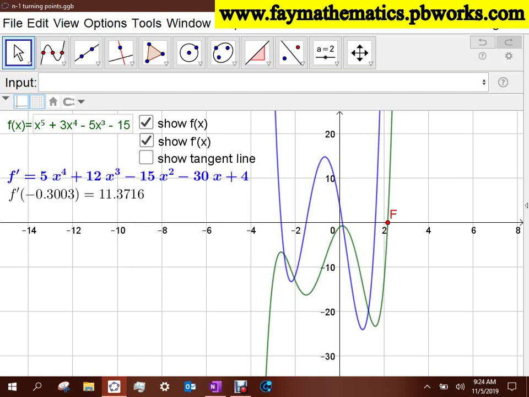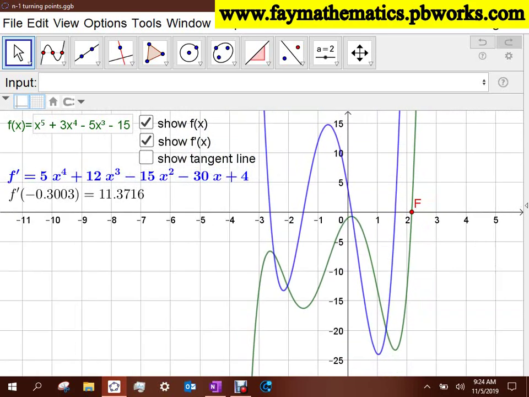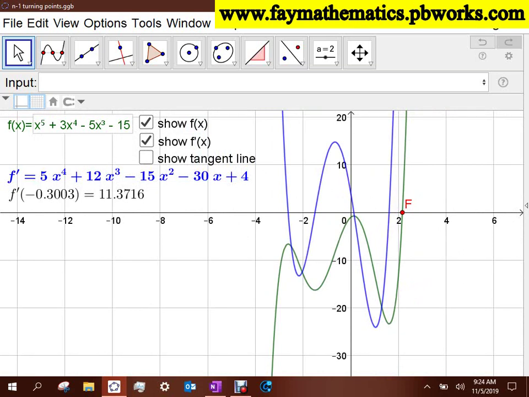That make sense? This turning point right here is the same as an x-intercept of the blue. And then this turning point here is the same as that x-intercept of the blue.